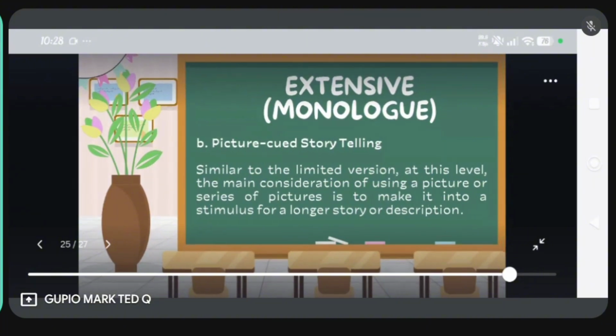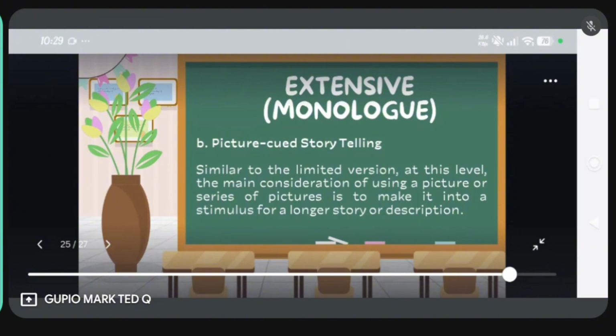The second one is picture-cued storytelling. It's similar to the limited versions at this level. The main idea is that a picture or series of pictures is used to make a longer story or description. So basically, in this activity, a person tells a story based on one or more pictures. The pictures guide the speaker in organizing the sequence of events.